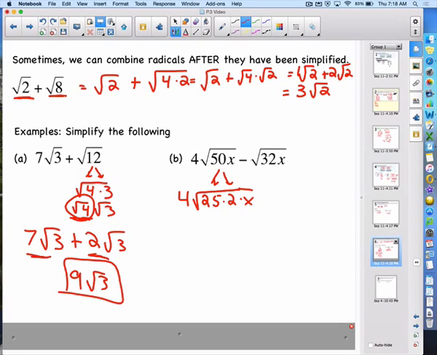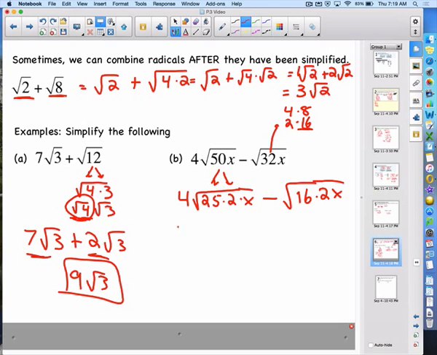And I've got that 4 out front still. Minus 32 can split into, well, let's see. 32 is divisible by 8. We could go 4 times 8, but we can do better. We can actually do 2 times 16. 16 is a bigger perfect square than 4 is. So we're going to do 16 times 2, and then we still have that x left behind.